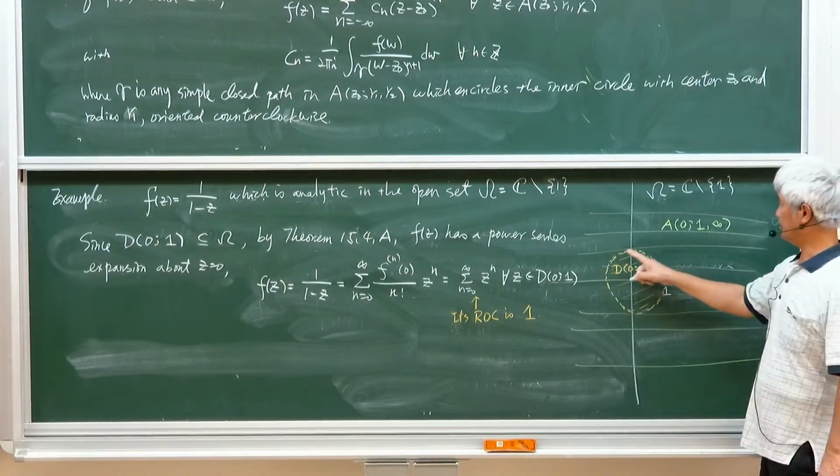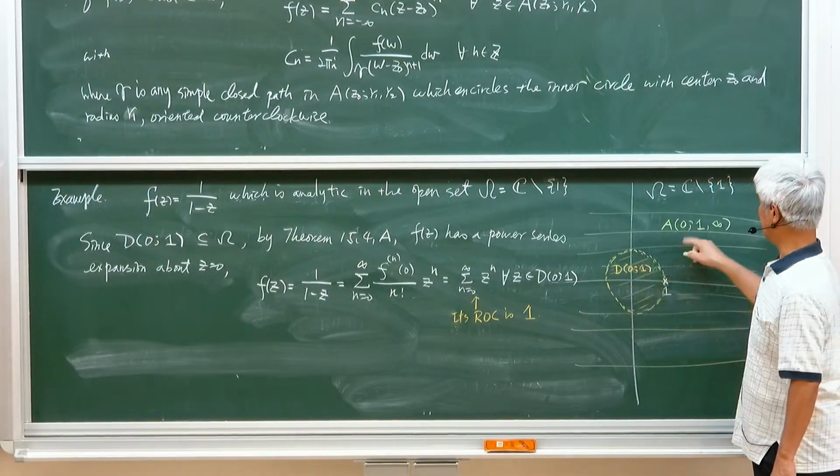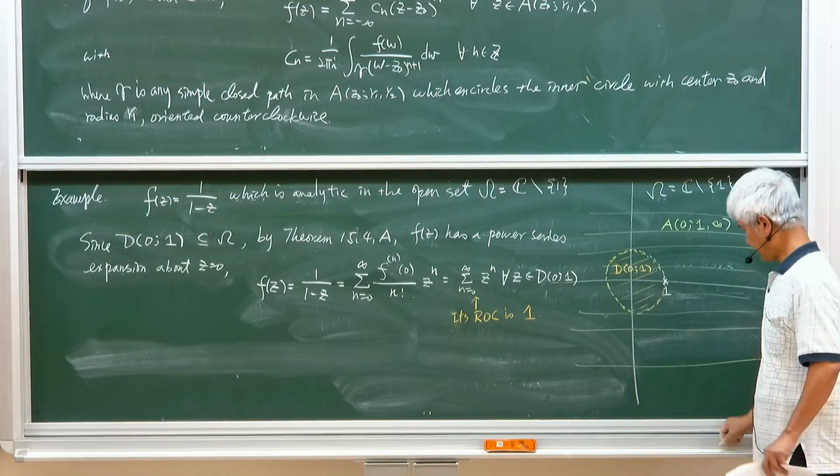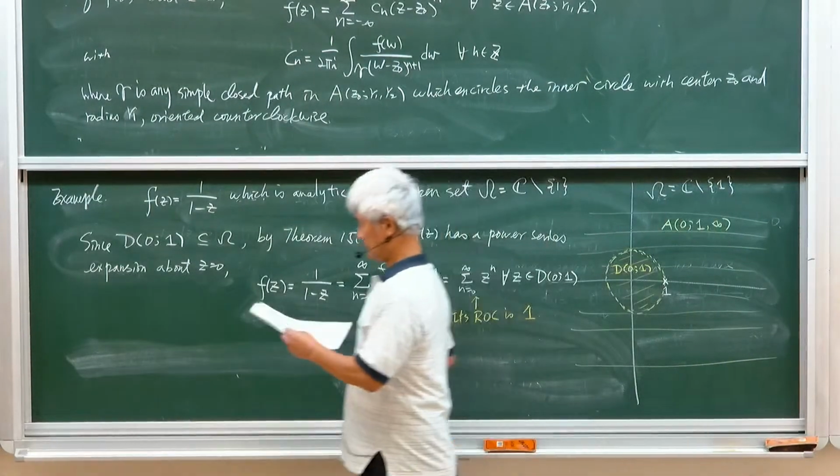So the outside of the closed disk is the open annulus.